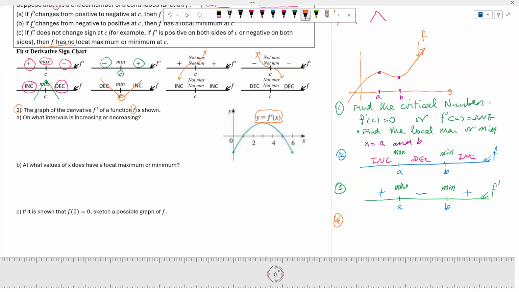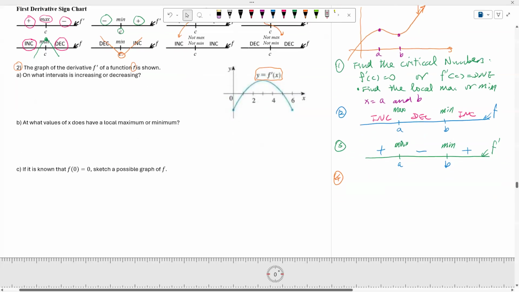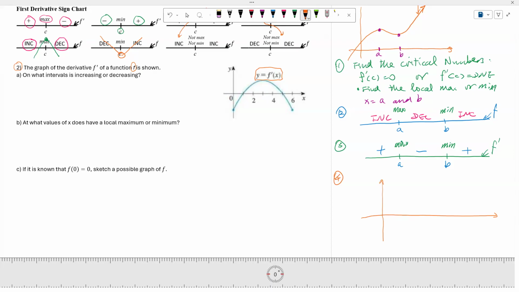Then step 4, based on the result from f prime, we will be able to sketch the function. This is my y and x, and again I label a and b.